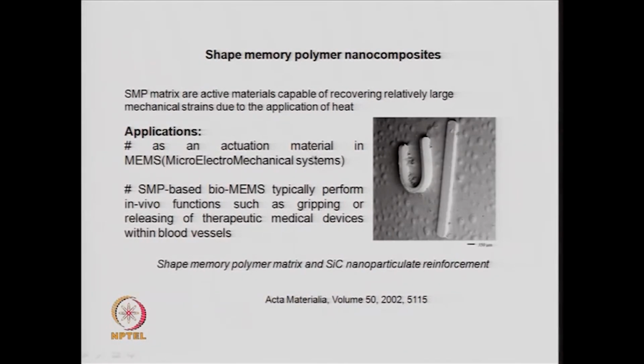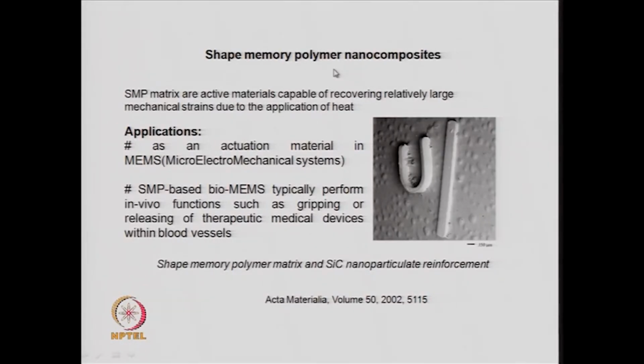Suppose this shape memory polymer matrix is heated. When you heat it, a large mechanical strain develops, and this polymer nanocomposite may bend itself, and when you remove the strain, that means you cool the substance, it goes back to its original shape. So, it is as if the polymer remembers its original shape.